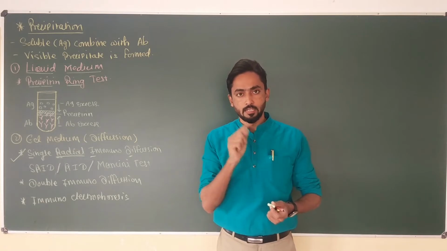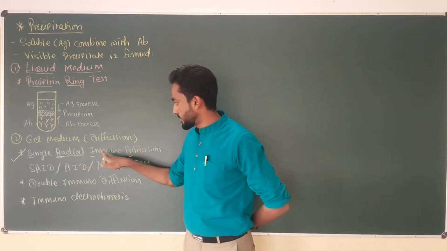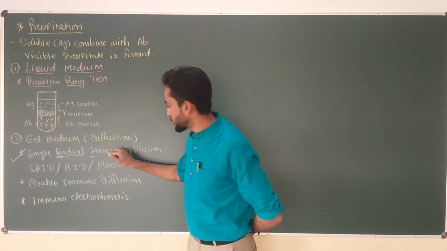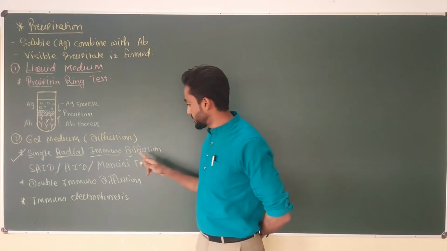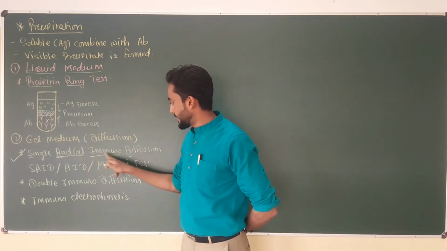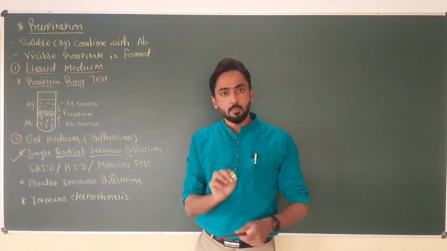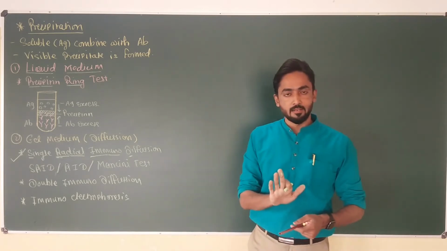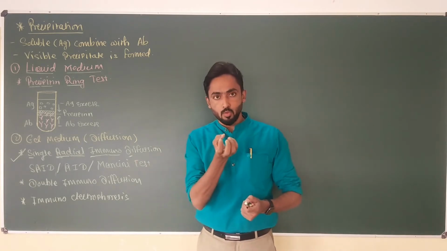They diffuse in a circular pattern in the gel, so it is called radial. The reaction contains antigen and antibody, so it is called immuno. And it occurs in the gel, so it is diffusion. So radial immunodiffusion. In this reaction, antibody remains stationary in the gel while antigen is mobile; antigen moves towards antibody.